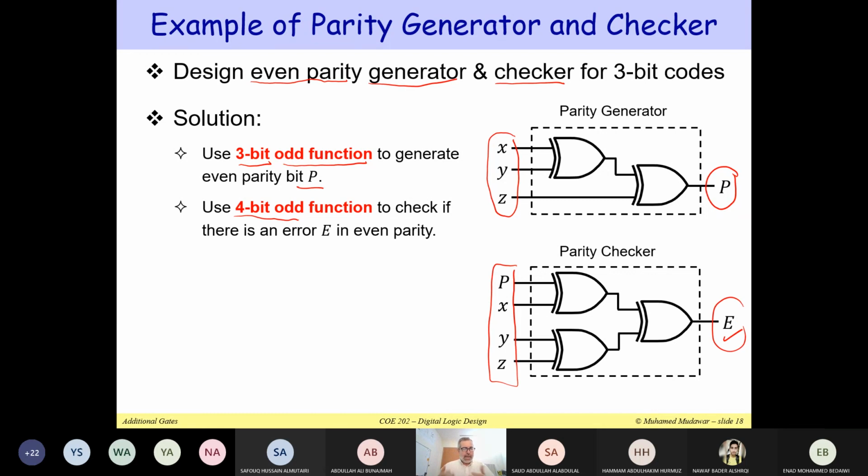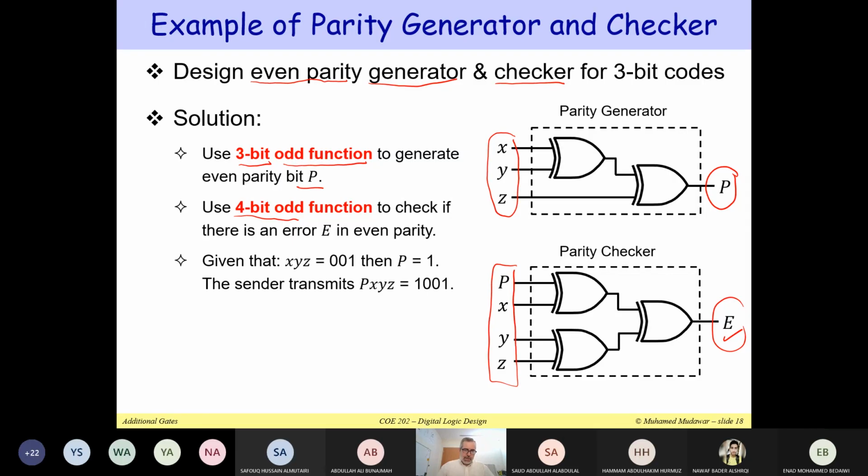This is going to produce an error if the total number of ones is odd, because it's supposed to receive an even number of ones, because we are using even parity. So for this reason, we use a 4-bit odd function. Notice that in the case of the parity generator and the parity checker, we are using just XOR gates to implement the odd function.